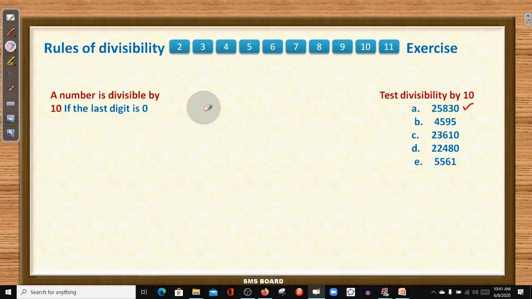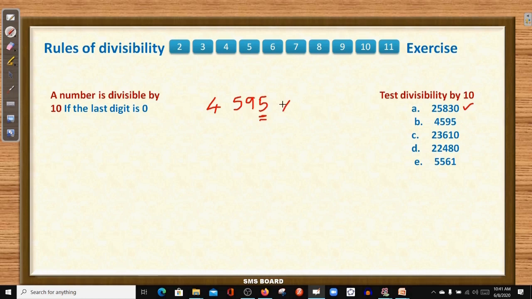Now we will discuss the second problem, that is 4595. This number is not divisible by 10 by the rule, because the last digit is not 0. The last digit here is 5. If the last digit is 0, then the number is divisible by 10.